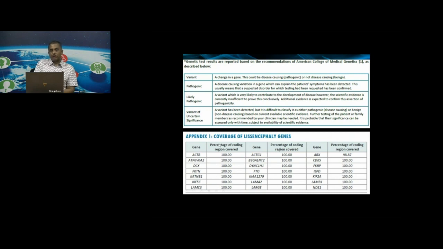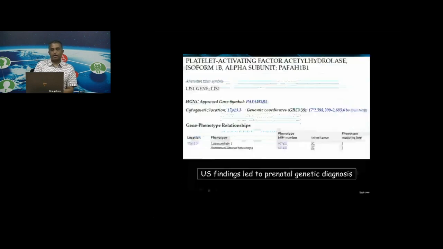So therefore, it's extremely important that we know that certain genes express as certain phenotypes, and that is a genetic database which is continuously getting upgraded, and that is where the geneticist plays a very pivotal role in interpreting these reports. Also, in the same report, you see the number of genetic loci which have been covered, which are actually related to the suspected problem. So you have about 18-20 genes which have been covered in this particular study.